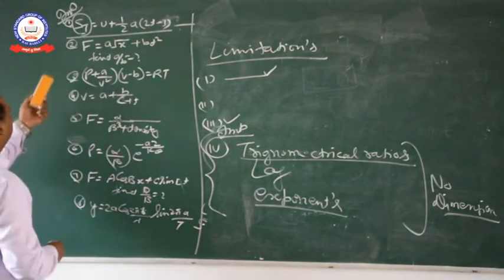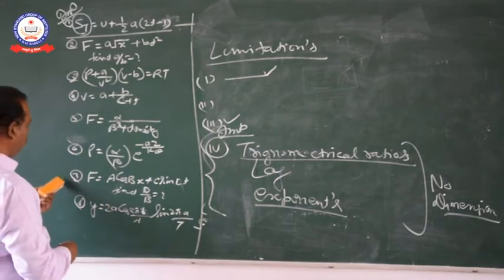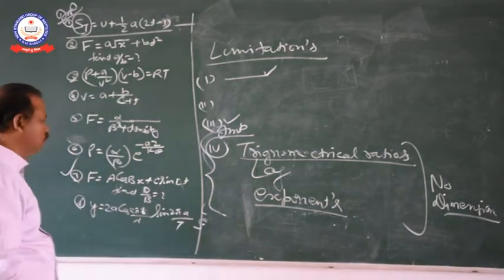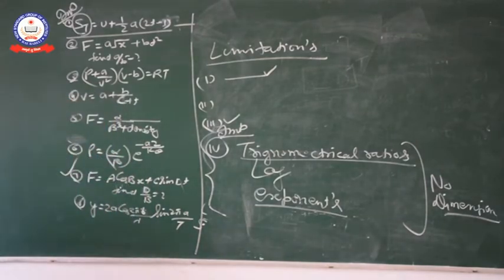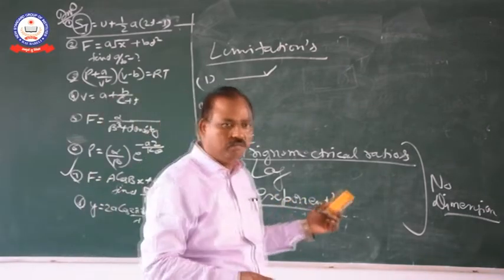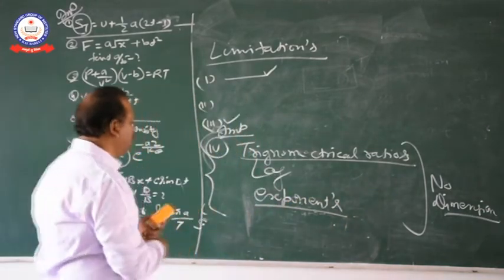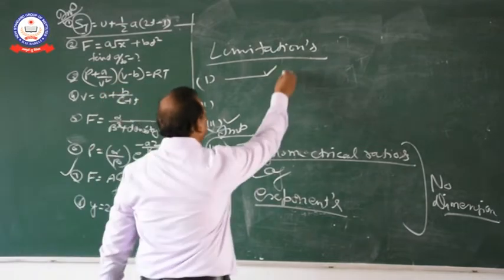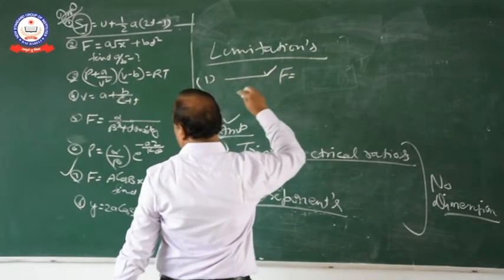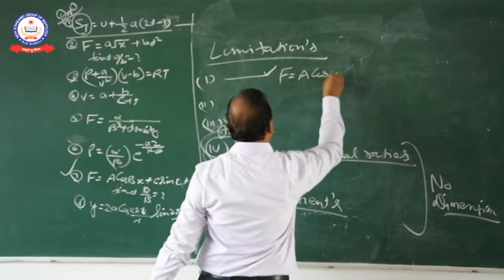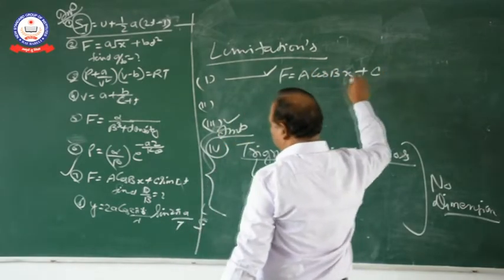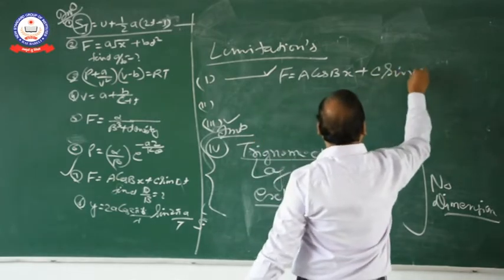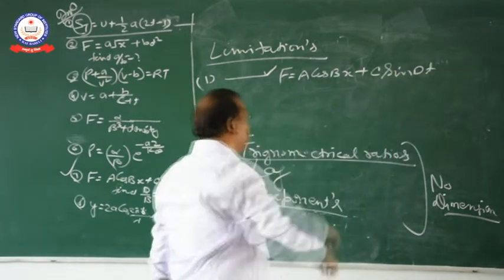Here, the seventh question has a trigonometrical ratio: f is equal to a cos bx plus c sin dt.